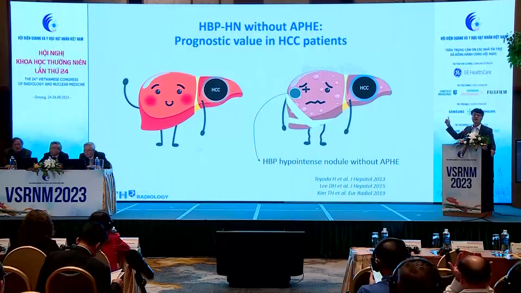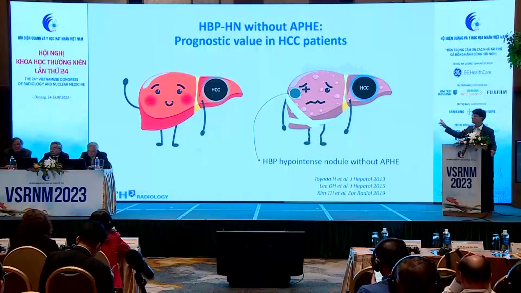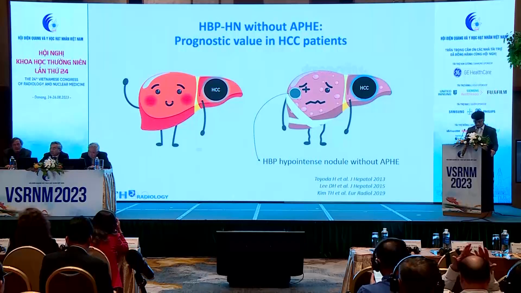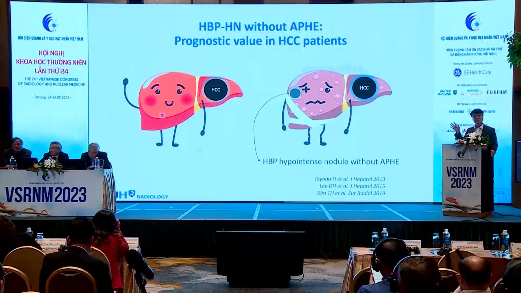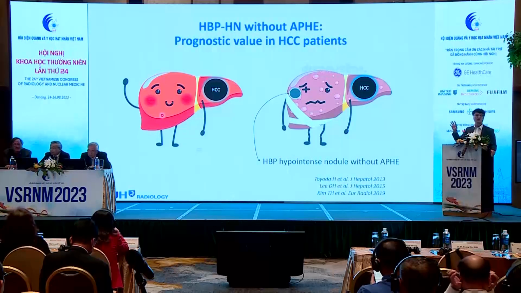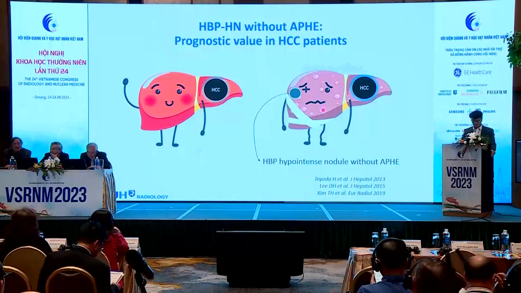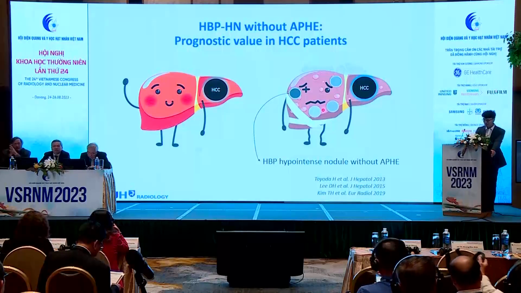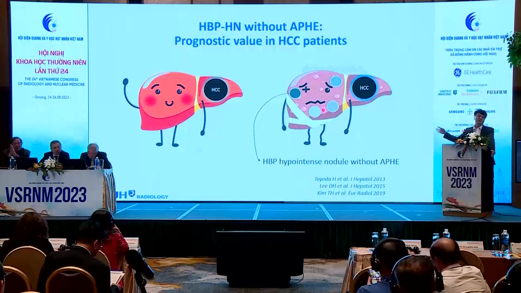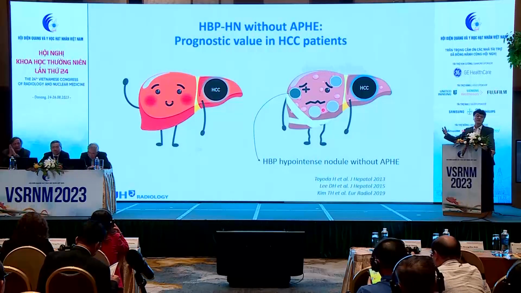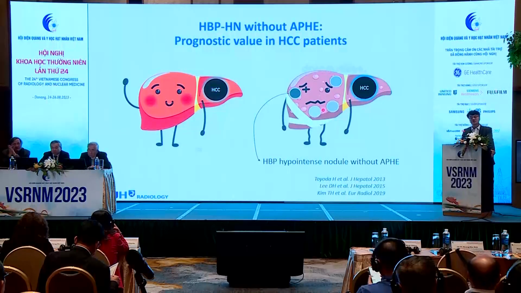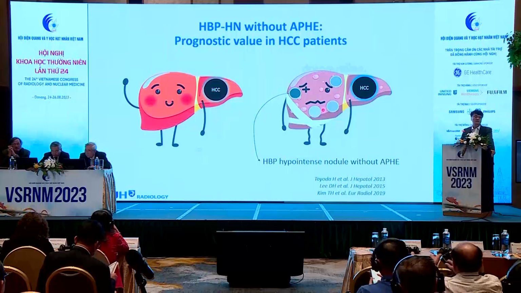Both patients have similar size HCC, but the other liver background doesn't have this kind of borderline nodule, and this patient has such a nodule. What's the clinical meaning? Actually, these nodules may develop progressed HCC quite frequently.